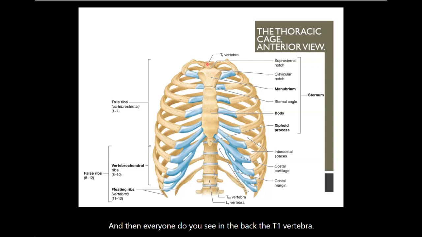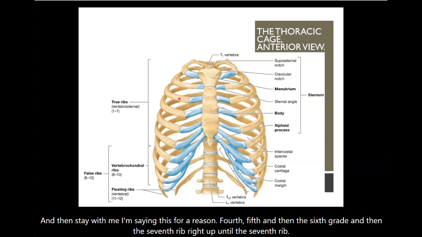And then everyone, do you see in the back the T1 vertebra? And then it goes all the way down till T12. And then we'll start with the L1, L2, L3, right? Do you see the T1 vertebra? It connects the rib number one to the manubrium of the sternum, right? And then we have the second rib, third rib, and then stay with me.